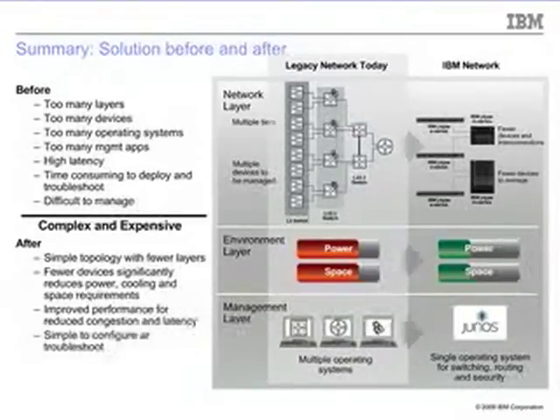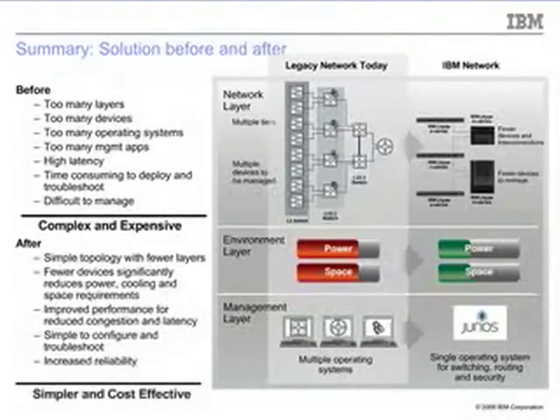Simpler to configure, simpler to troubleshoot. Again, it's just a simpler architecture. Another nice side effect is less equipment, fewer uplinks, less to break. It's just that simple. So you have increased reliability. At the end of the day, you can have a simpler and more cost-effective network. We've just made our networks much simpler and much more cost-effective with the IBM data center solution.